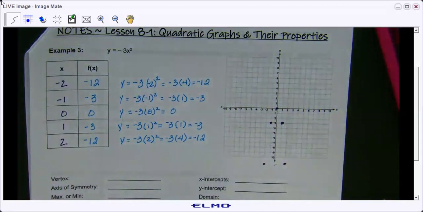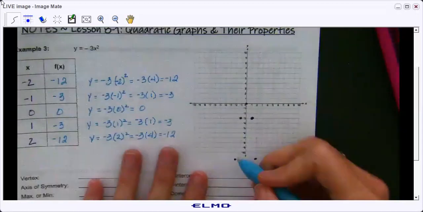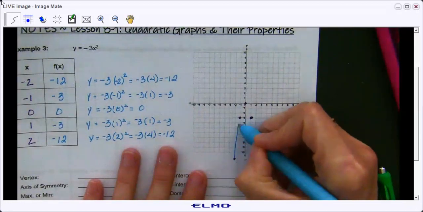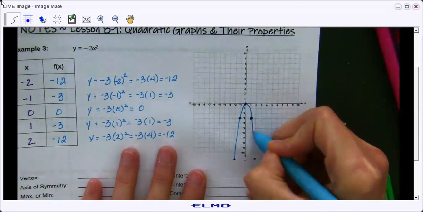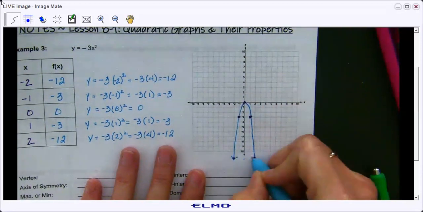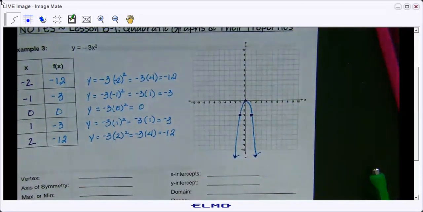Now it almost looks like a V, but this is a parabola. It should be U-shaped. And you just graphed a parabola.